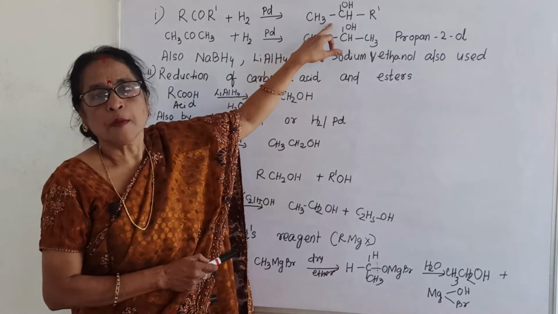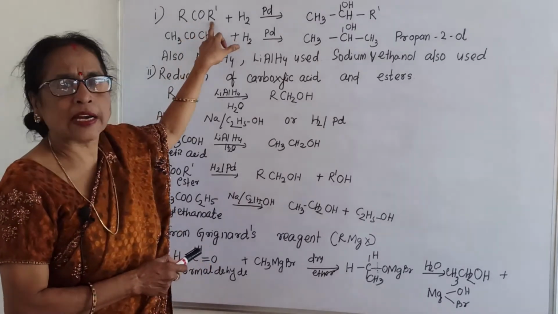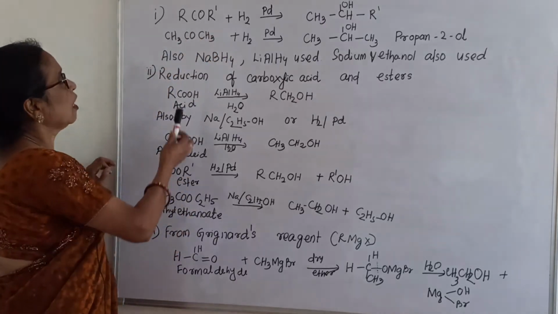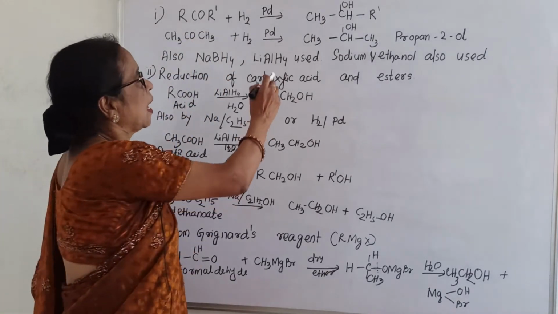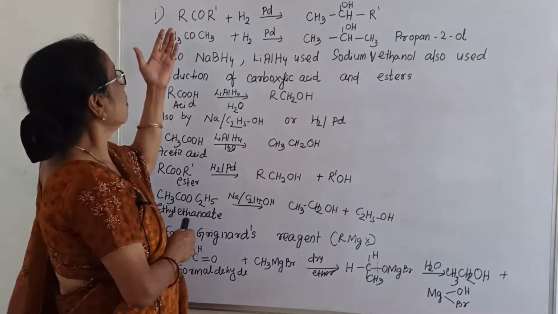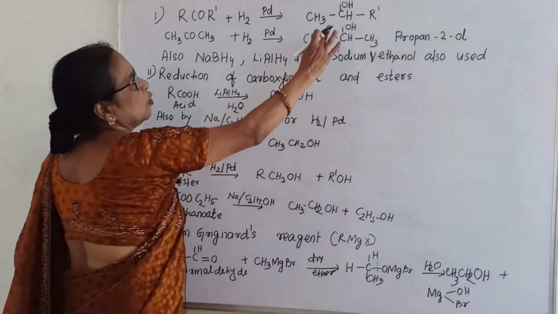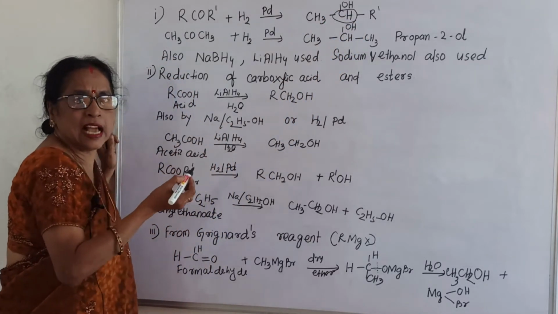It also produces alcohol. Now see RCOR dash, where R and R dash may be same or different. Now if you take a ketone and hydrogen with catalyst palladium, it will give secondary alcohol. Remember, a ketone always gives secondary alcohol, since the OH group is attached to a CH group, so it is a secondary alcohol.